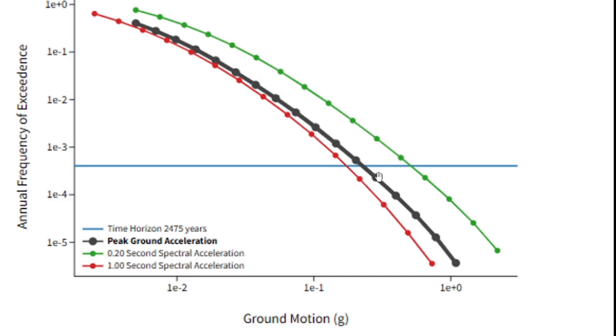It is very simple. We know that the maximum considered earthquake corresponds to 2% exceedance in 50 years, which is a return period of 2475 years, and that is equivalent to an annual frequency of approximately 0.0004. So 0.0004 is somewhere here. If you draw a horizontal line, it cuts, for example, the black curve somewhere here.